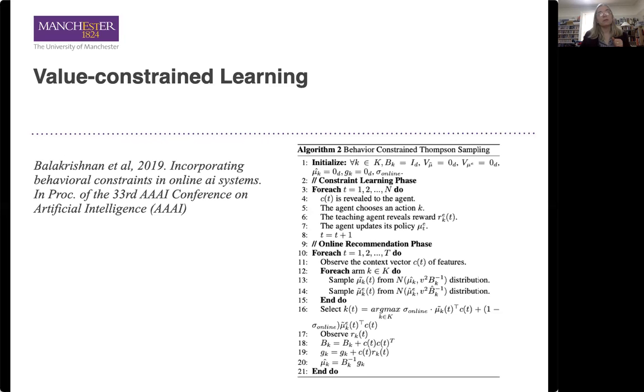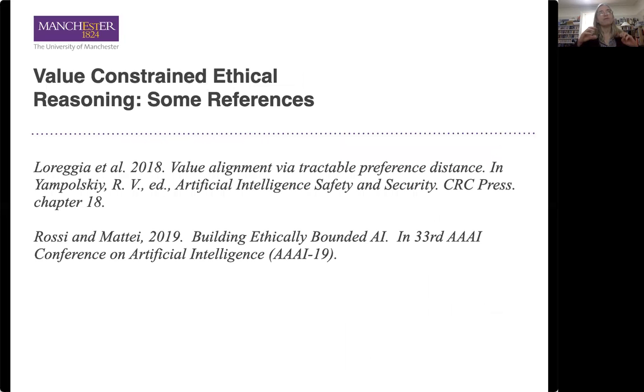This isn't the only system that's looked at this kind of value constrained ethical reasoning. There's at least one other. So the Loreggia et al. is actually more of a symbolic AI kind of system. It's not using machine learning, but it has 2 representations of what's best towards going to the goal and what is most ethically acceptable.